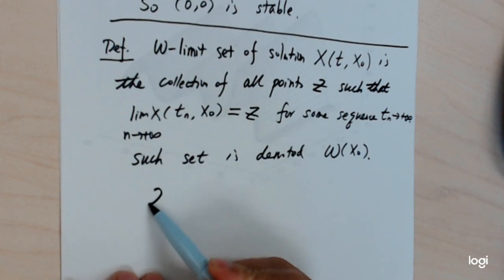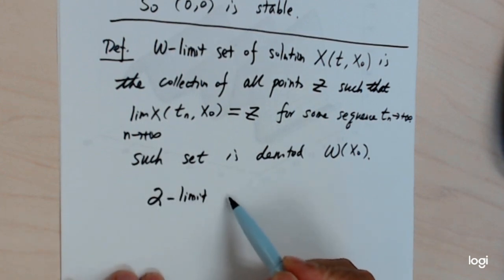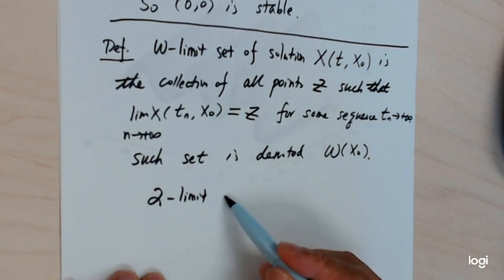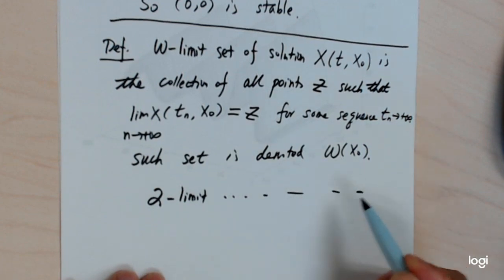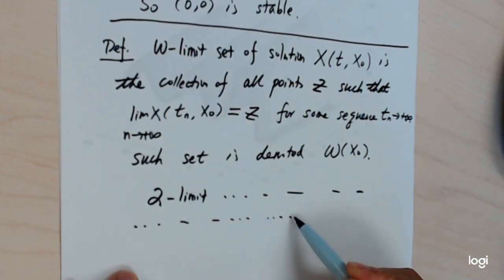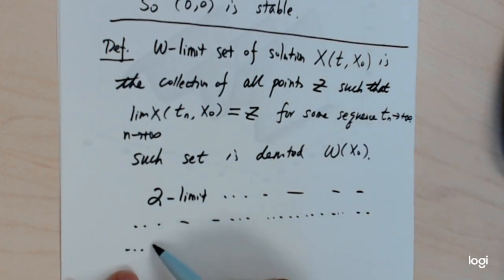Alpha limit set is somewhat the same concept. It's just that the time t goes to negative infinity. So this is the set of points z where the solution approaches z when t goes to negative infinity.